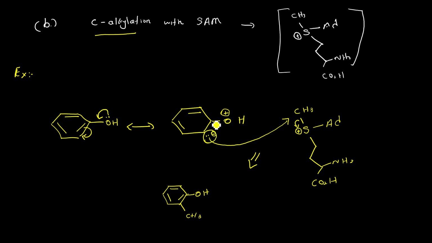You cannot attach a methyl group to this carbon, right? Because it lacks nucleophilicity, it lacks electron density to donate, to attack this particular methyl group, right? If your carbon contains enough electron density to attack this step, then it can go through carbon alkylation along with SAM, right?